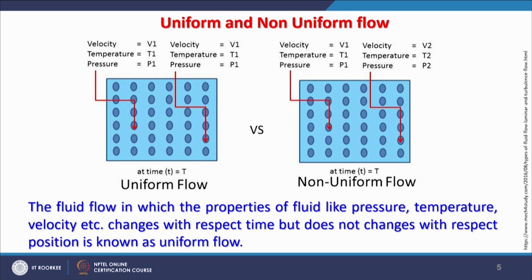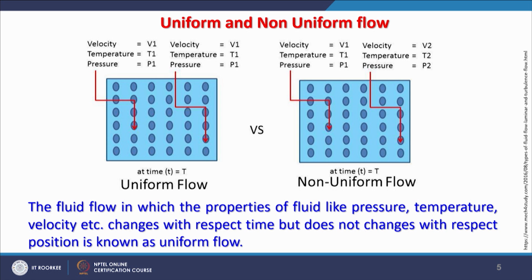So, there is a difference between unsteady and steady flow, similarly uniform and non-uniform flow. In steady flow it is at a point, but here with respect to position it remains uniform, it does not change with respect to position.